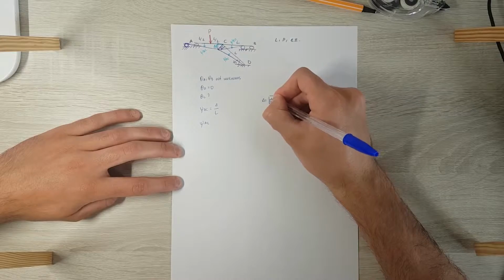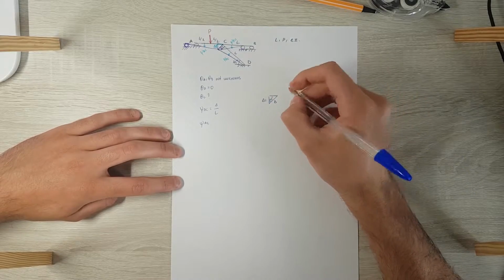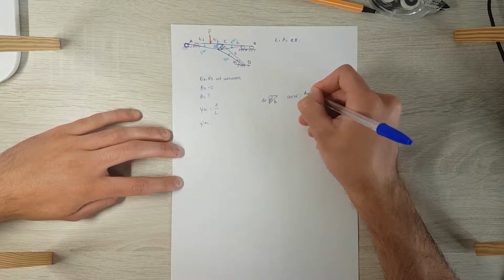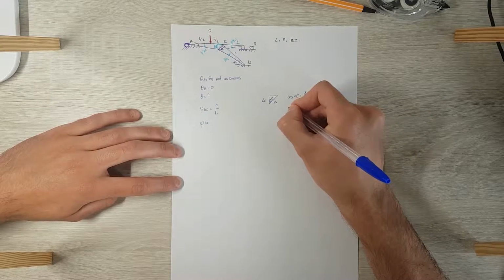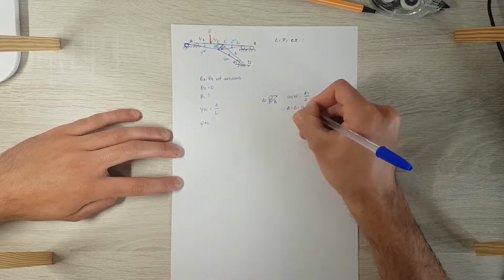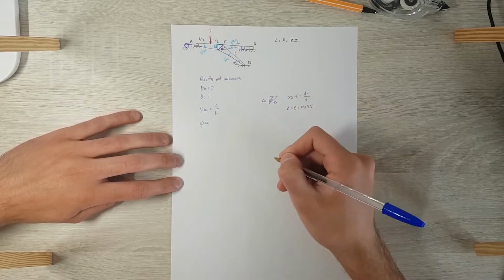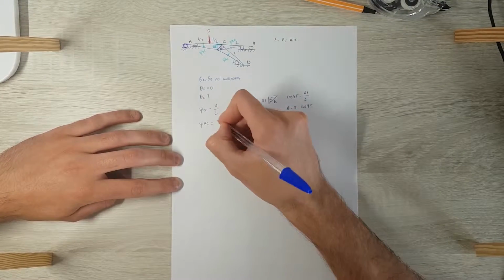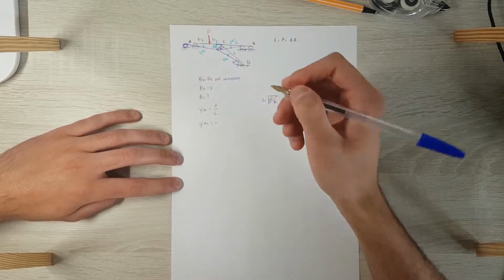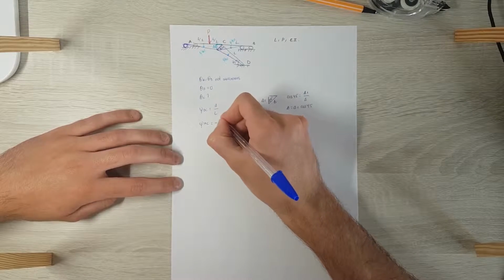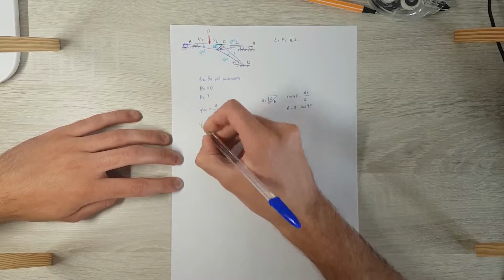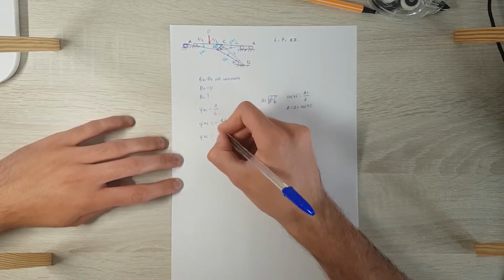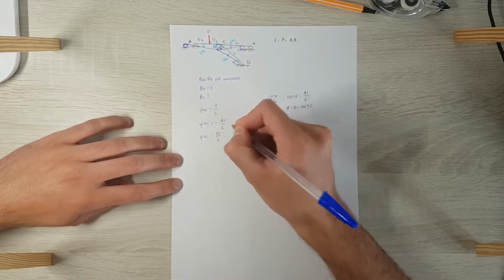So we have here the same angle, and cosine of 45 is delta 1 divided by delta. So delta is delta 1 times the cosine of 45. So here we have that CAC is minus, because it's clockwise, delta 1 divided by L, and CBC will be delta 1 in positive divided by L.